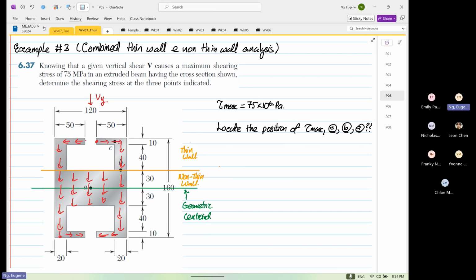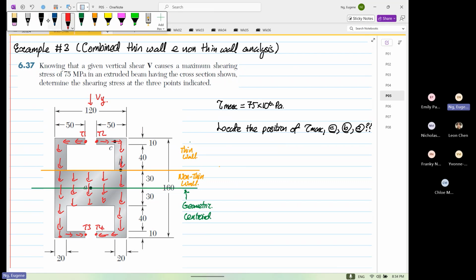So all these are our terminal. So terminal 1, terminal 2, terminal 3, terminal 4. So from here, let's determine our Q over T ratio.